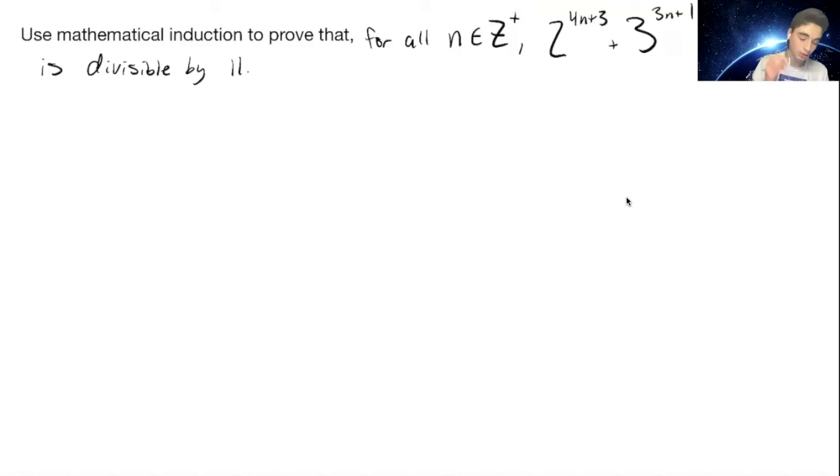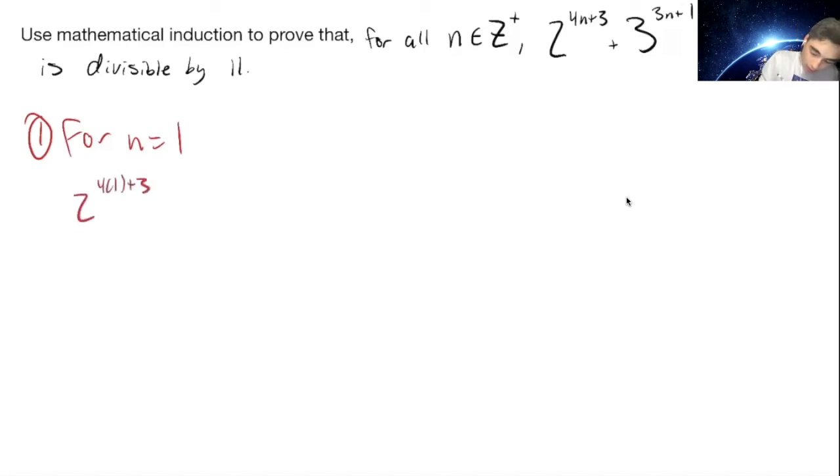Okay, so let's go on to step number 1, and I changed my pen to red to separate it from the question. We want to just prove it true for n equals 1. So for n equals 1, we have 2 to the 4 times 1 plus 3 plus 3 to the 3 times 1 plus 1.